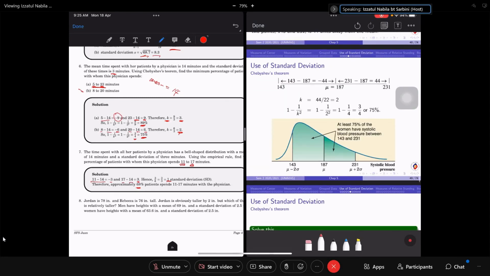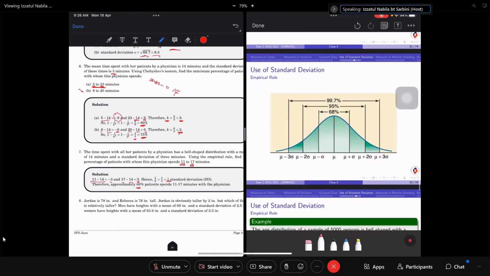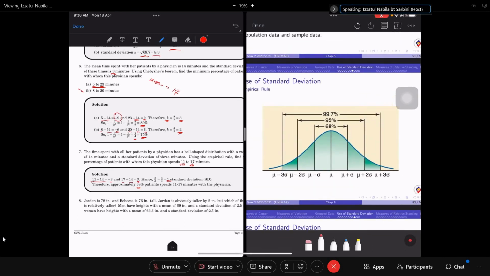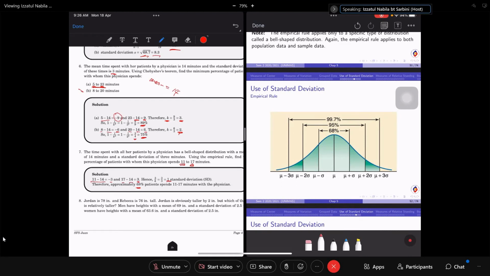I think we should have a table. It looks like this. This is the empirical rule values for standard deviations. If it is 1 standard deviation from the mean, we know it is 68%. If it is 2 standard deviations from the mean, it is 95%.